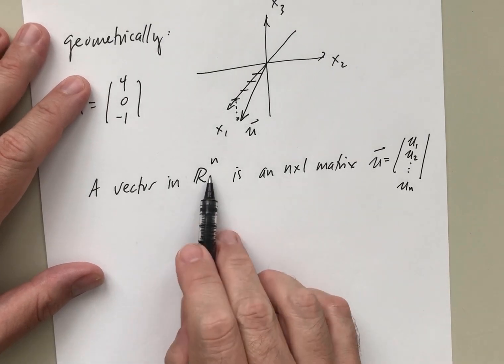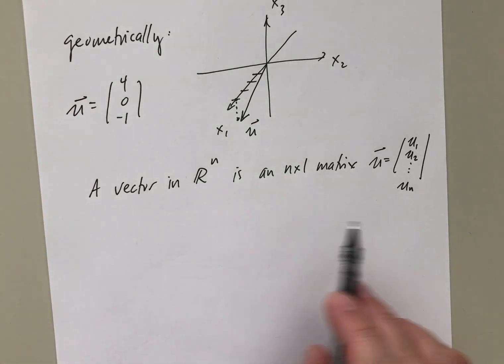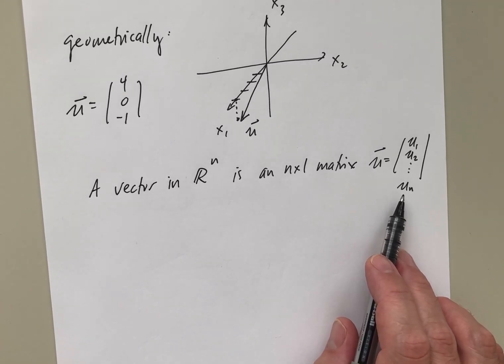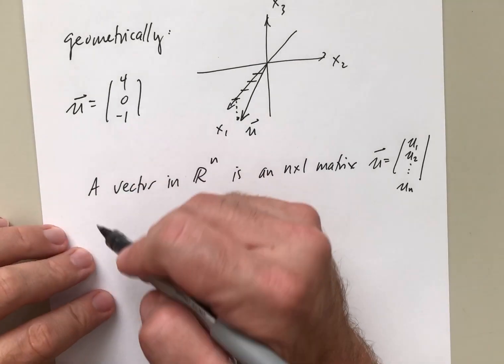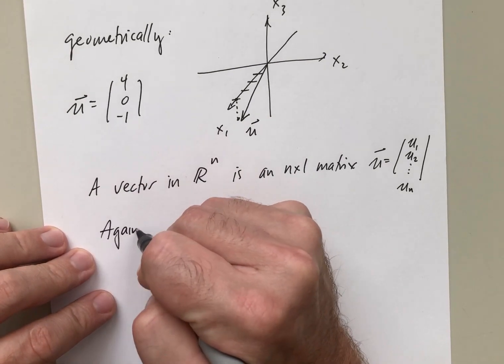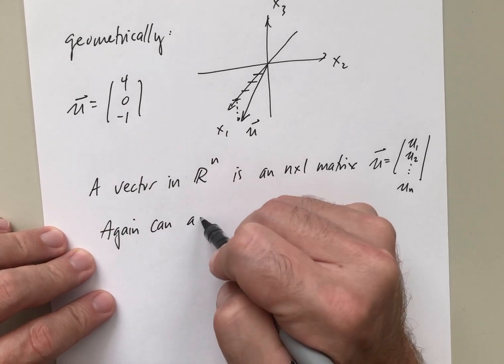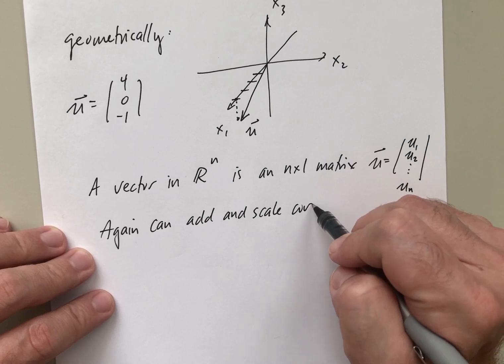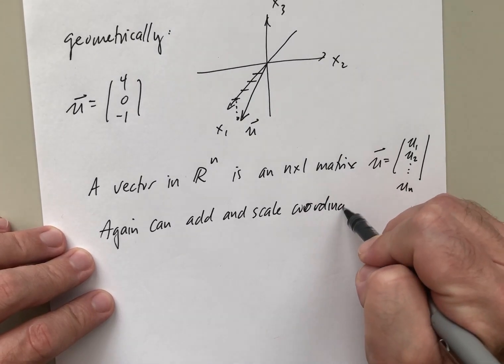Here n is the number of coordinates that I want to deal with, and a vector is just a list of those numbers. And again, we can do things as we did before. We can add and scale coordinate-wise.